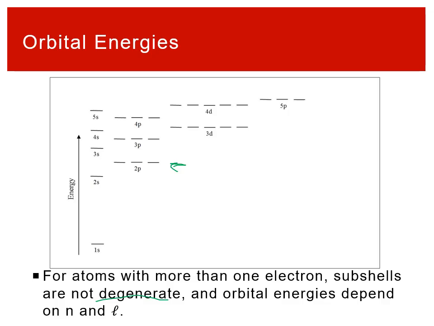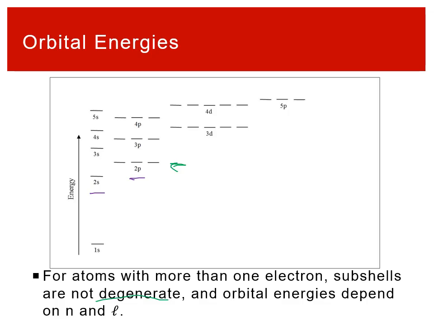You will note that within a given shell, though, 2s and 2p are not degenerate. 2s is a lower energy. And so if you have an atom with more than 1 electron, which is most atoms, the orbital energies depend on n and l, which are the principal and the angular momentum quantum numbers. So really what it comes down to is the different subshells have different energies, but that's it.